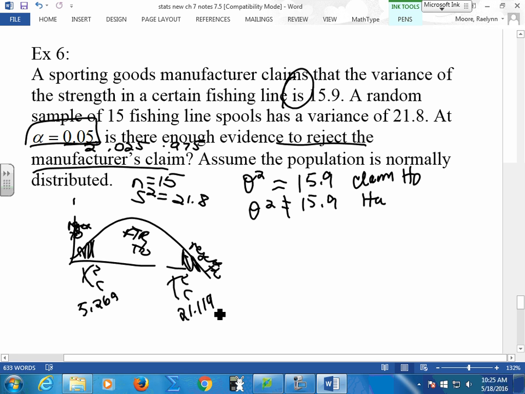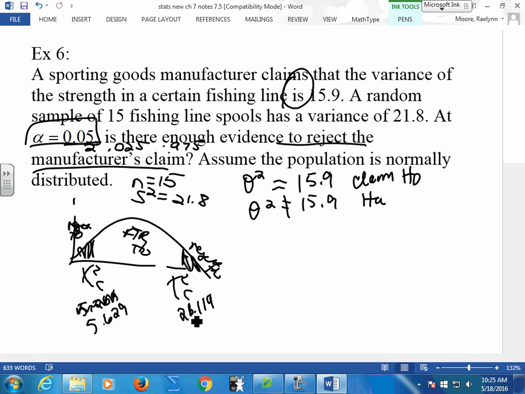You put 5.2. 5.629. All right, so those are our cutoff values.